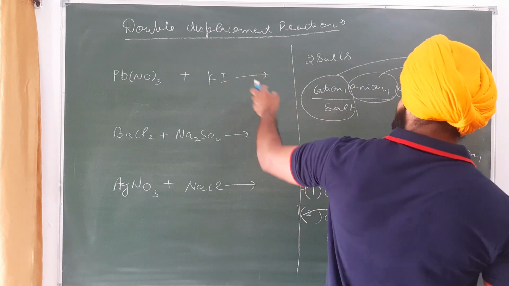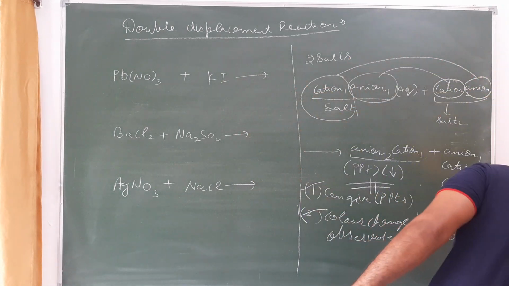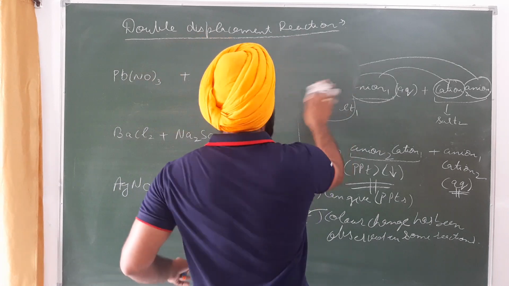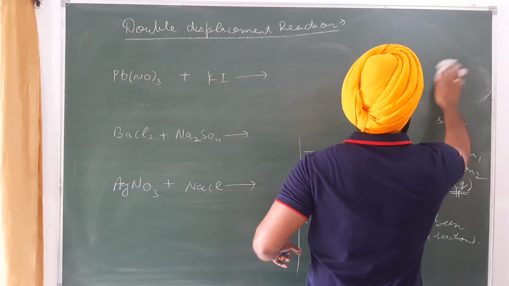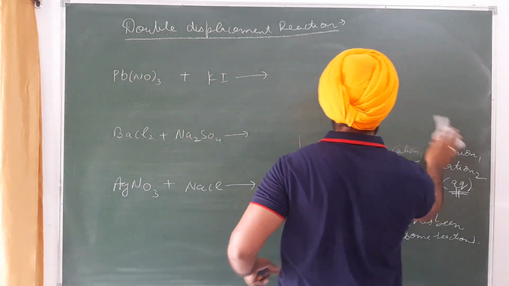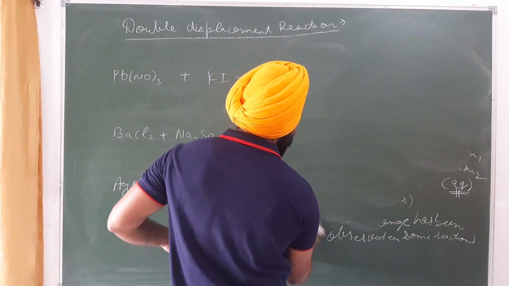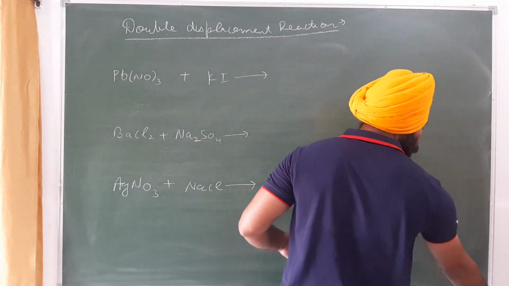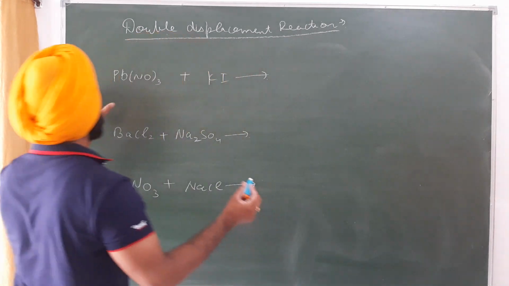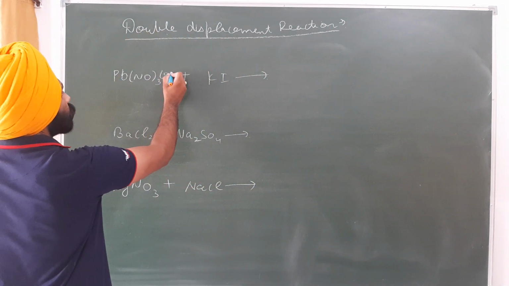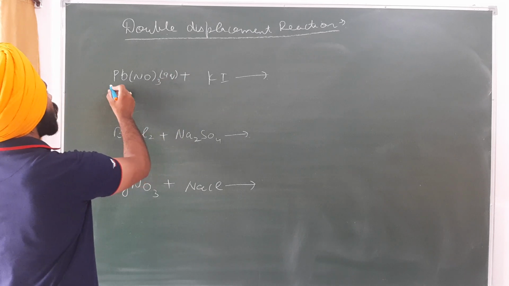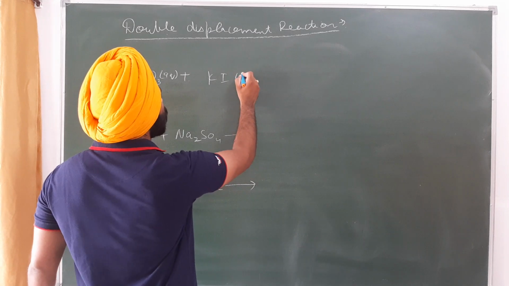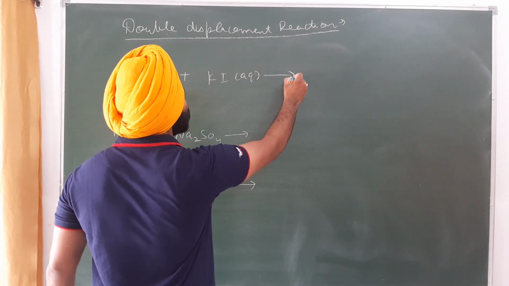So when we solve these reactions according to the mechanism of double displacement reaction, let's suppose this is aqueous, a salt dissolved in water, and this is also a salt dissolved in water.